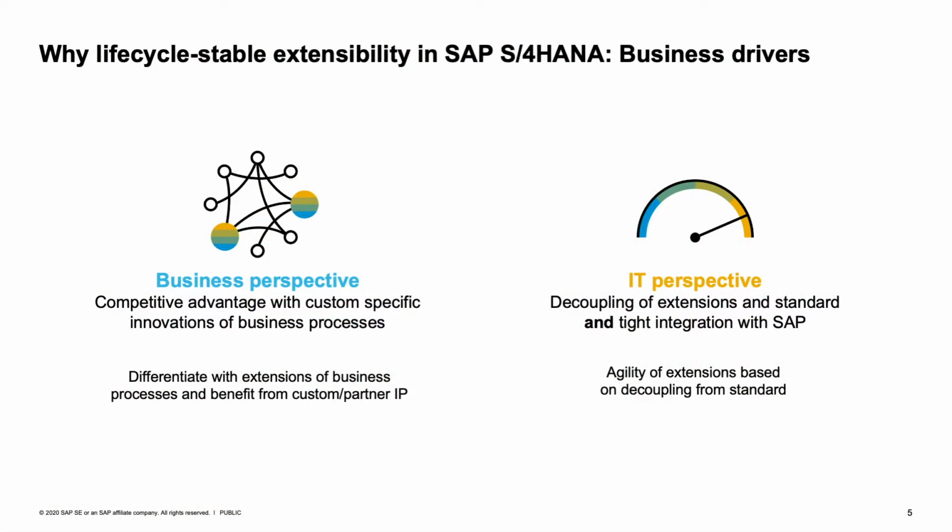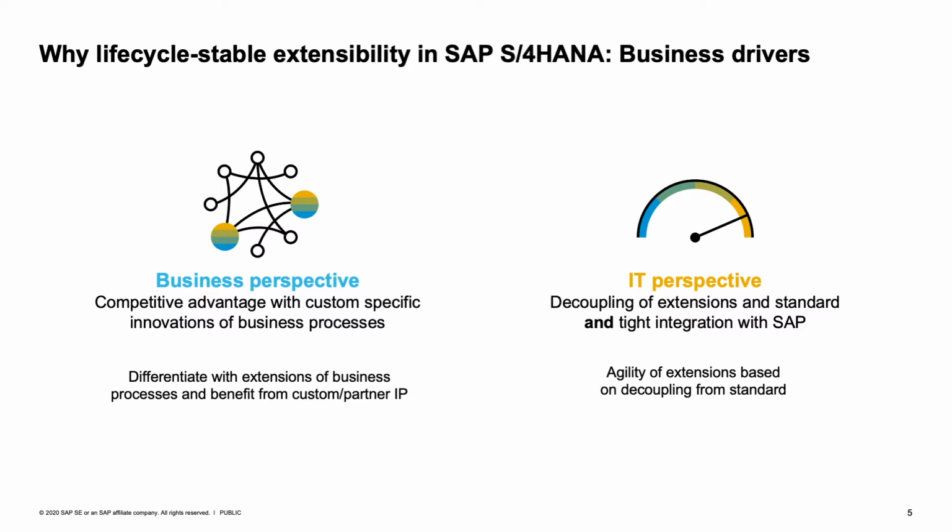There are basically two of them. What the customers want to do with extensibility is basically they want to adapt the standard processes according to their needs, to their specific process, to bring their innovation on the table.